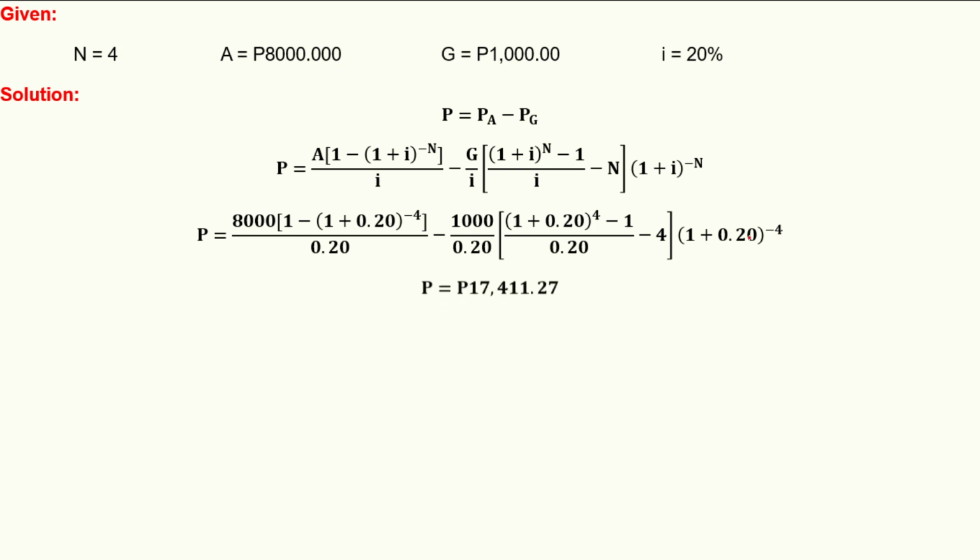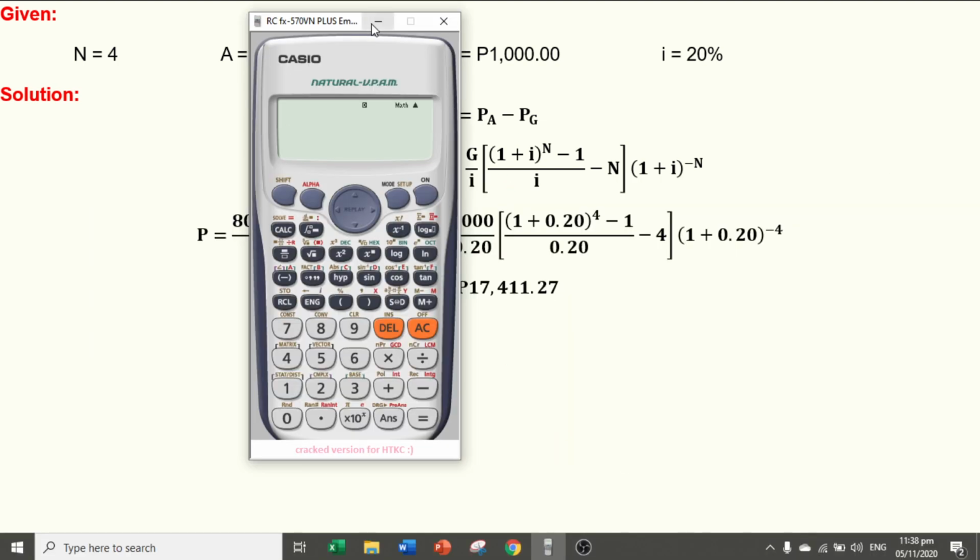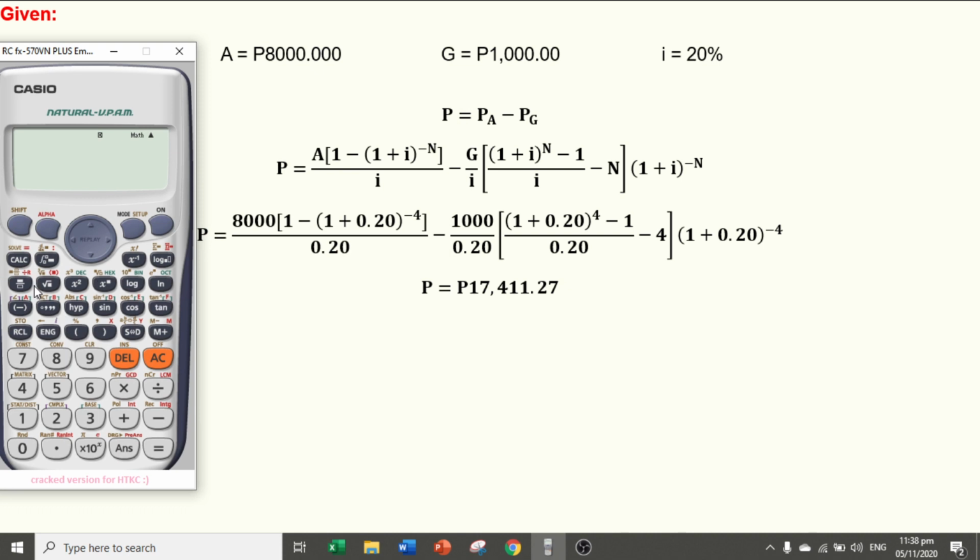So, kapag nilagay natin yan sa calcu, P natin ay 17,411.27 pesos.